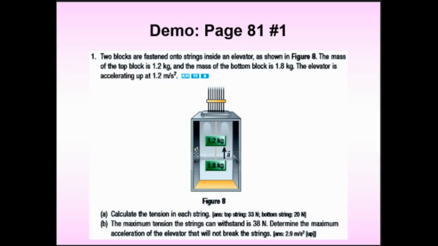I have a question for you, everyone. Which part of the string do you think is under more tension? How many people say the top one? Okay, Ali, why would the top one be under more tension, or stretched more, than the bottom one? Yes, thank you.